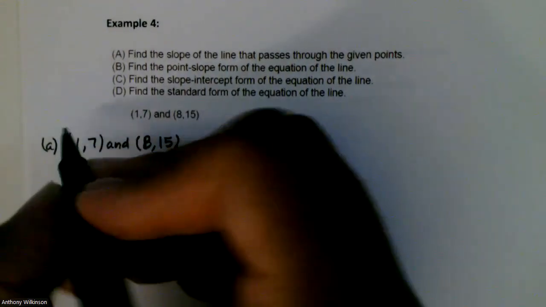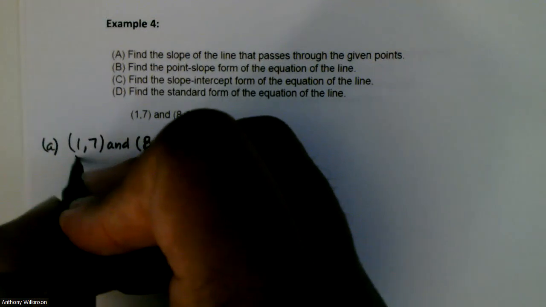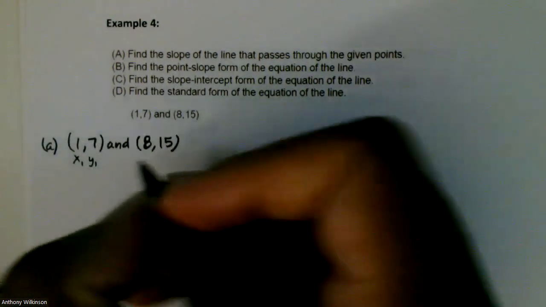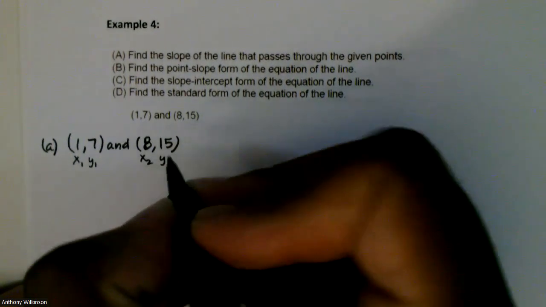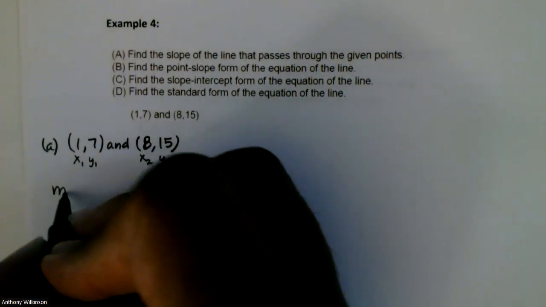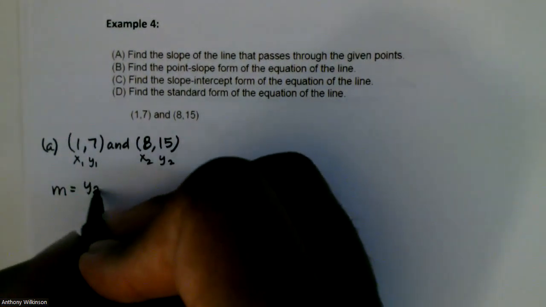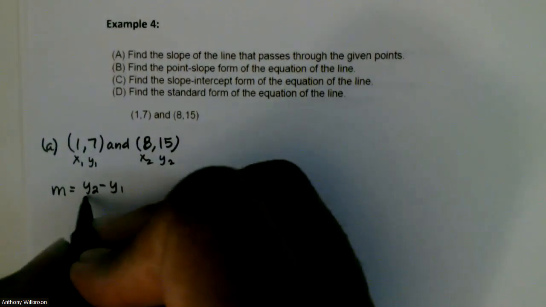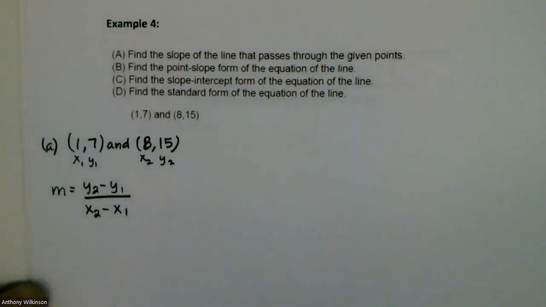And keep in mind, the way you can label this is let x1 be 1 and y1 be 7. The second ordered pair, let x2 be 8 and y2 will be 15. The slope of the line passing through those 2 points would be this, y2 minus y1 divided by x2 minus x1.